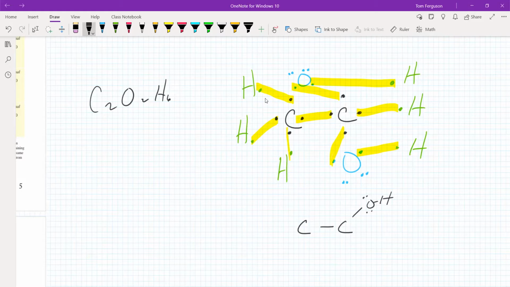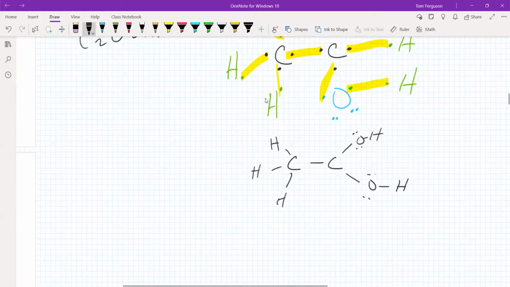It doesn't matter as long as we keep the pairs together for convenience's sake. Okay? That's one way of doing it. It's a legal structure.